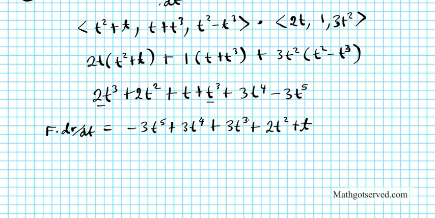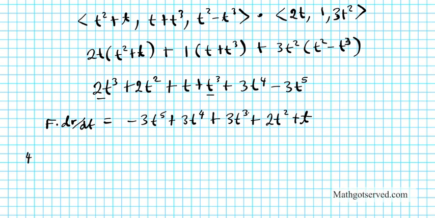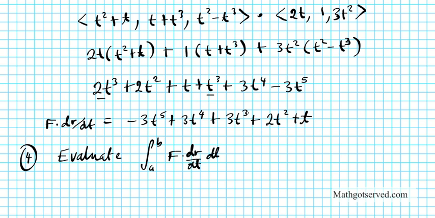Okay, now that we found r'(t), step 4, which is the final step, we're going to evaluate the integral from a to b, which is the starting t position to the ending t position, of F dot dr/dt with respect to t.